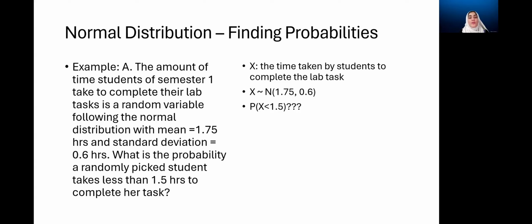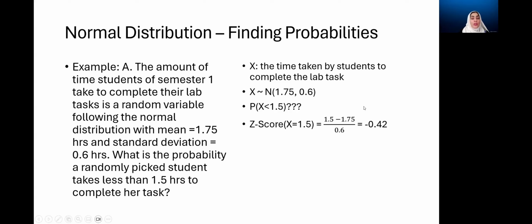And now we need to convert this x value into a z-score, so that we may be able to look the value up directly from the table, and we do not have to do the complex computation of the PDF of a normal distribution. So here we convert the x value into the corresponding z-score. For 1.5, we use the same expression.